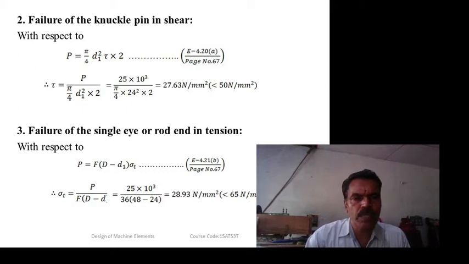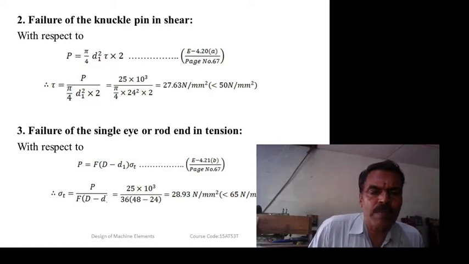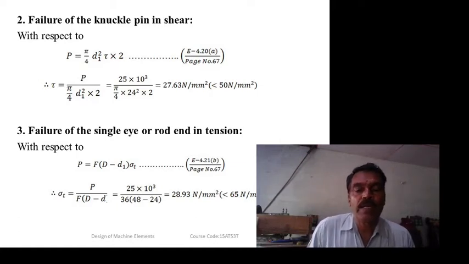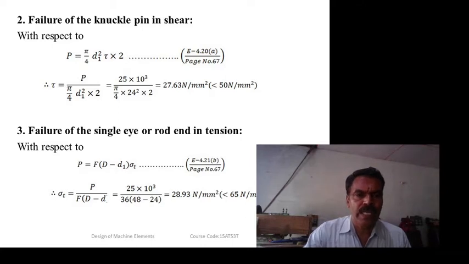By substituting all values here, you will get sigma t of the single eye, that is 28.93 Newton per mm square. But what is the permissible value here? The permissible value for the rod end is 65 Newton per mm square. Therefore the induced tensile stress is less than the permissible value. Hence the design is safe for the single eye. Okay.